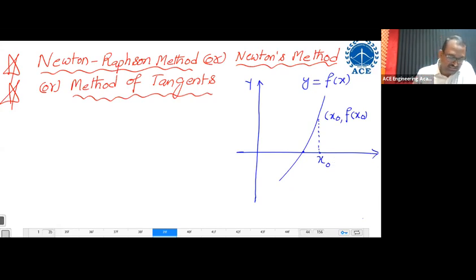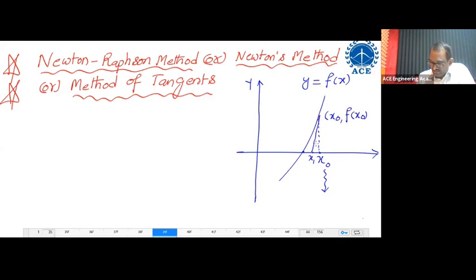Now we have to draw a tangent to the curve at the point x0 comma f of x0. I have drawn a tangent to the curve at that point.